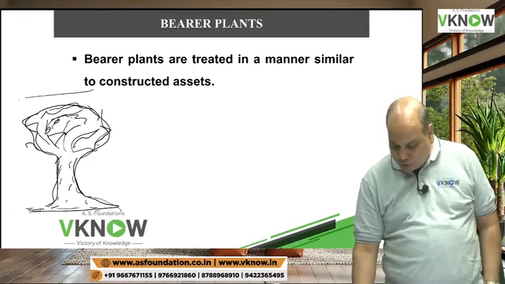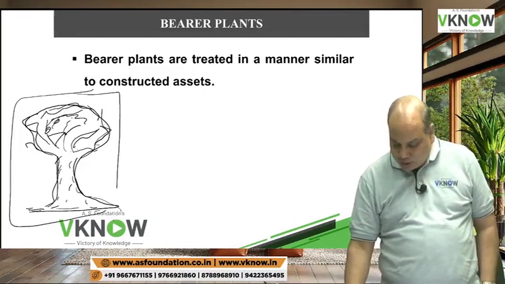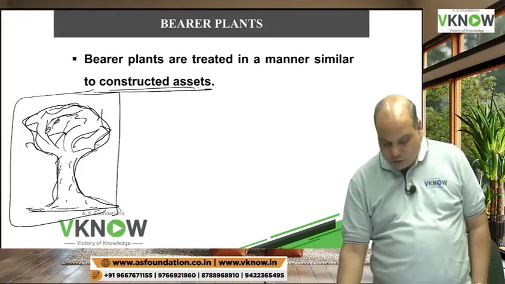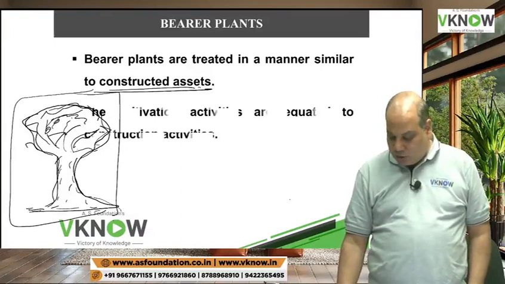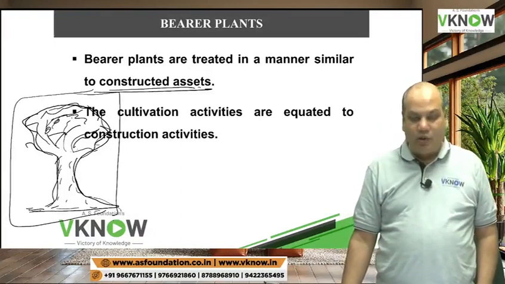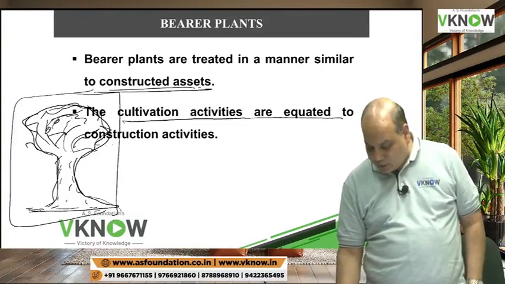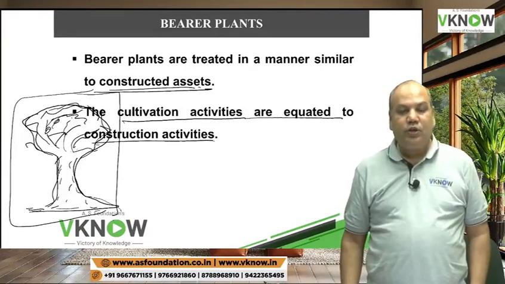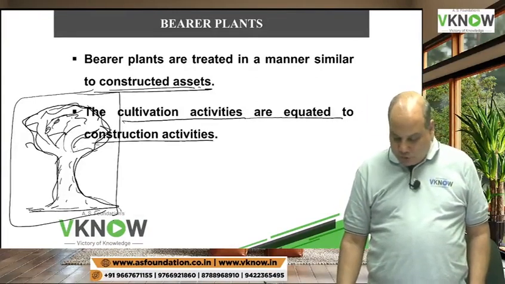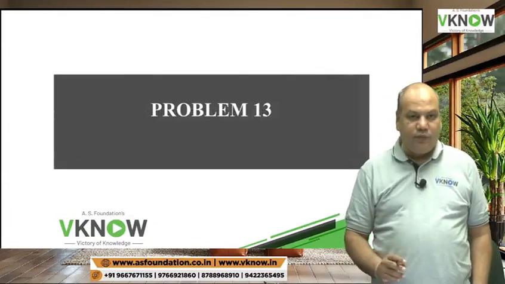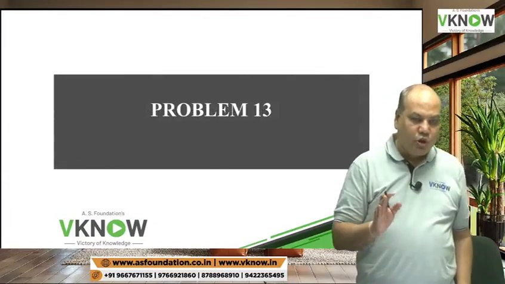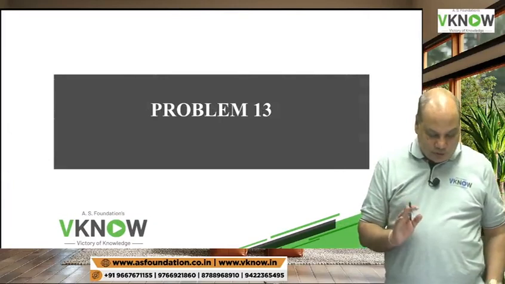So this is also like a self-constructed asset, and this will be treated in a similar manner. Cultivation activities are equated to construction activities. But good news, you don't have much discussion on bearer plant in this chapter.